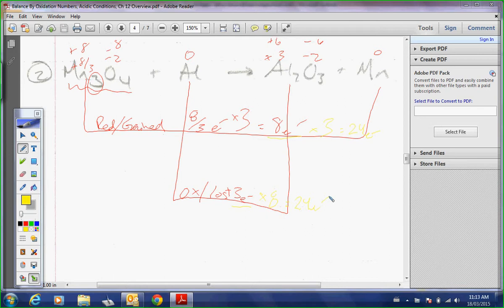Everybody okay so far? Now I need to bring my numbers up the bridge. I need to bring an 8 up the bridge for the aluminums, and I need to bring 3 times 3, so 9, up the bridge for my manganese. So I want 9 manganeses and I want 8 aluminums.